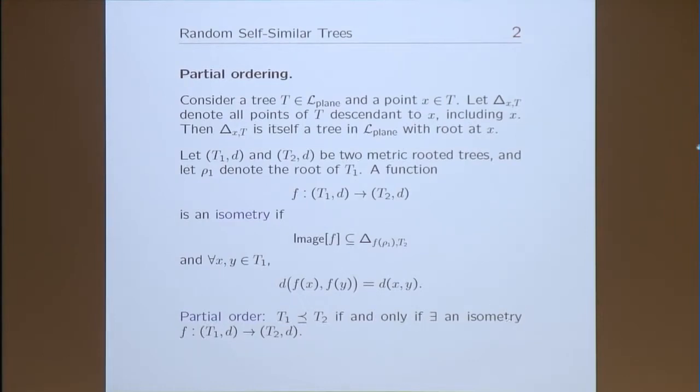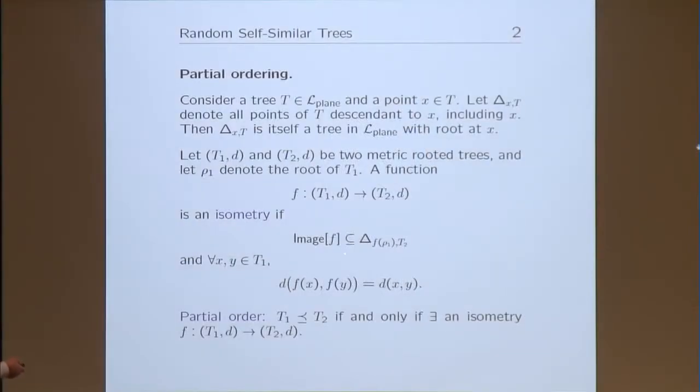If there exists an isometry from T1 to T2, that is, a function from T1 to T2 so that the image of T1 is included in delta f of rho 1, T2.